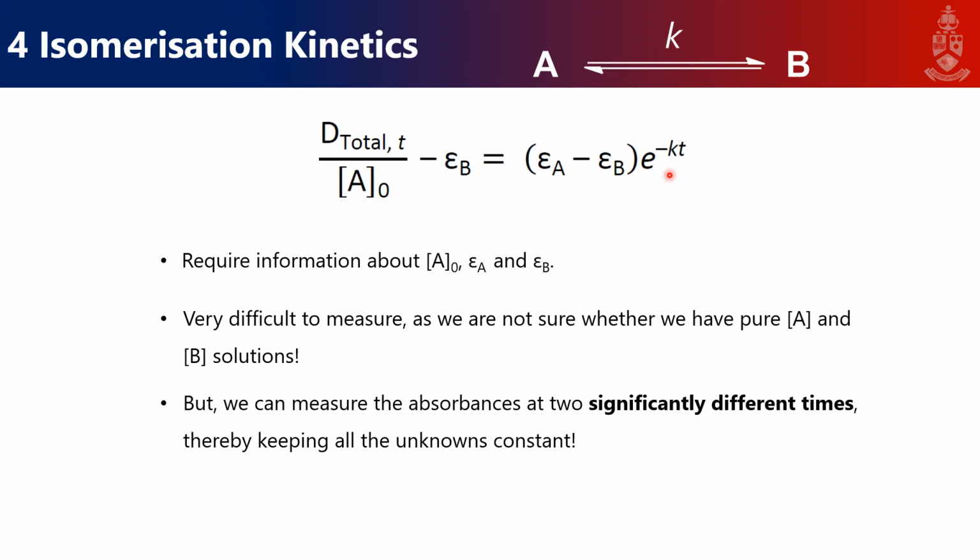Essentially, if we look at the system at two different times and take the difference between them, we can start looking at individualized constants. We can keep certain parameters constant and we can change other parameters. That's what the method is trying to do. So now we're looking at t plus h.